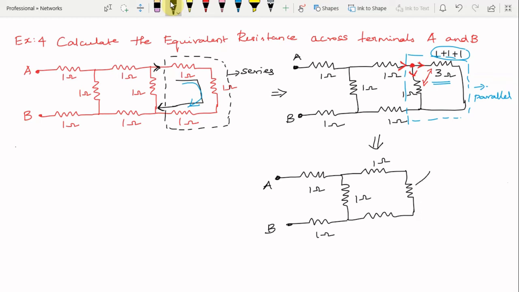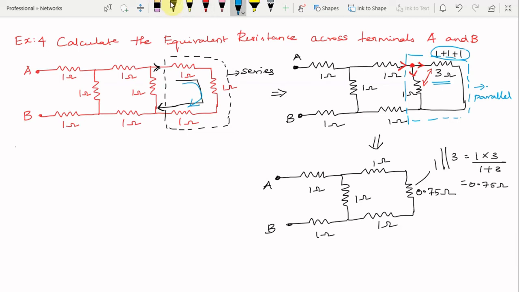That is, the value of the resistor here is 1 parallel 3, that is 1 into 3 divided by 1 plus 3, which gives 0.75. The equivalent resistance is 0.75 ohms now.